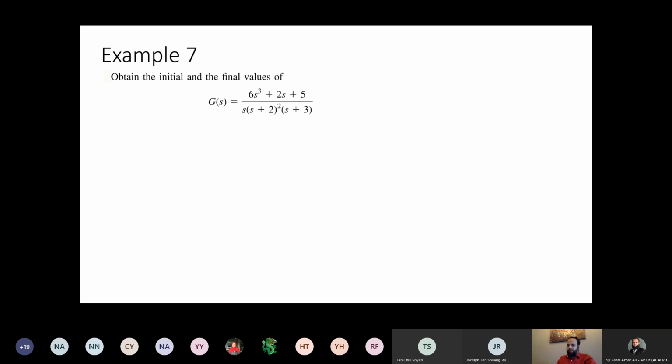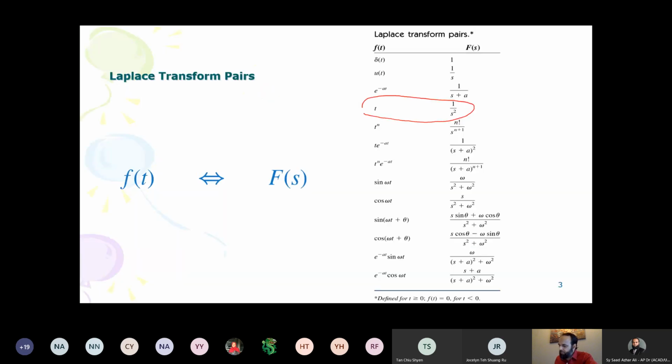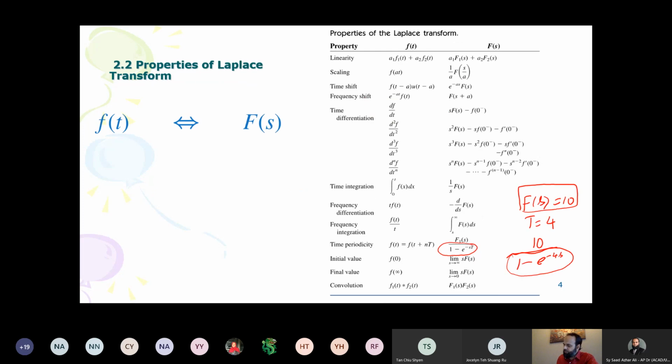Obtain the initial and final values of this G(s). Once again, if you go back to the properties, we have the initial value and final value theorems. f(0) is the limit as s tends to infinity of s F(s), and the final value is the limit as s tends to 0 of s F(s).